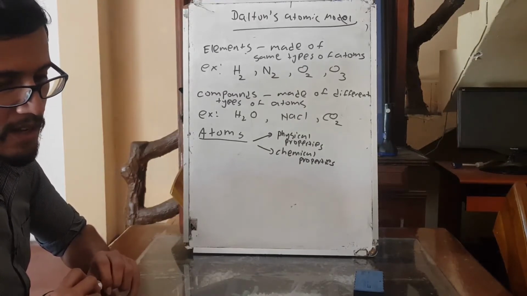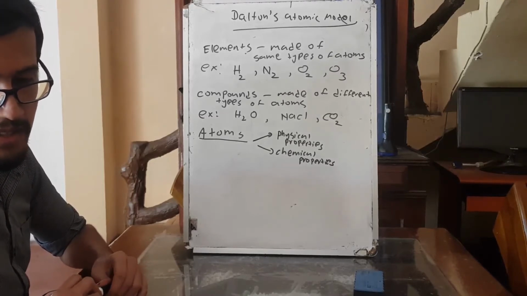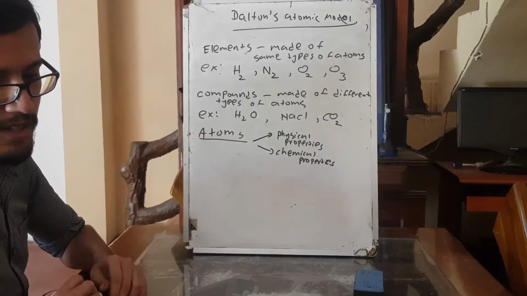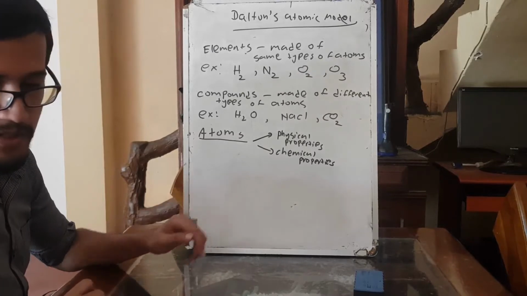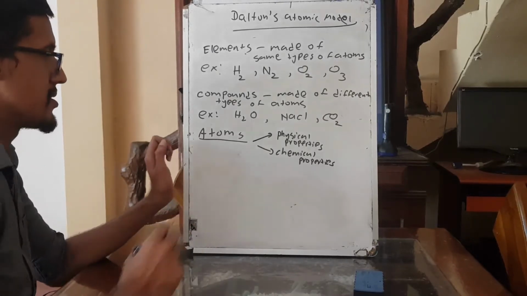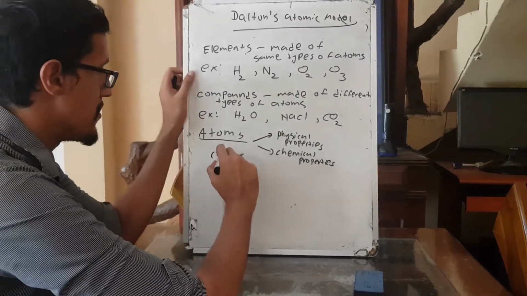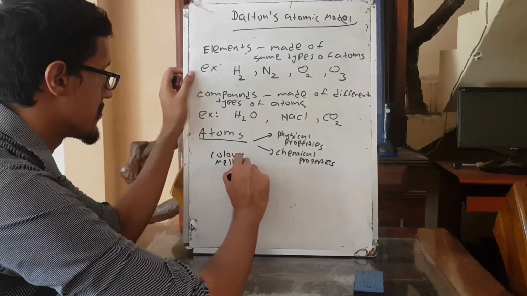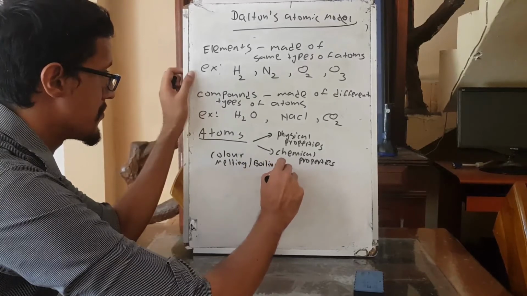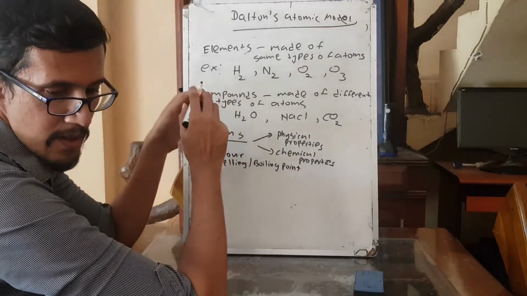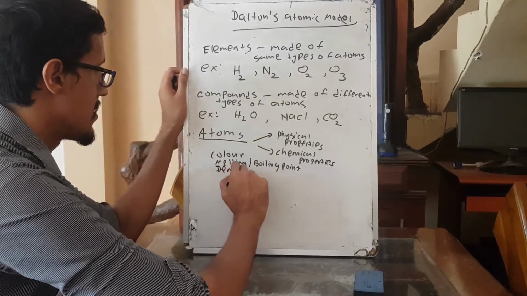Physical properties mean things you can see and experience in those elements or atoms, for example color, melting and boiling point, density.